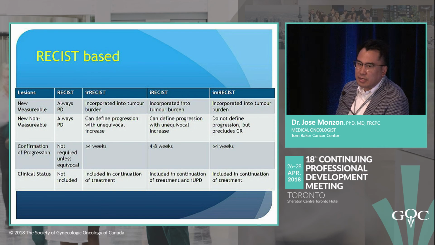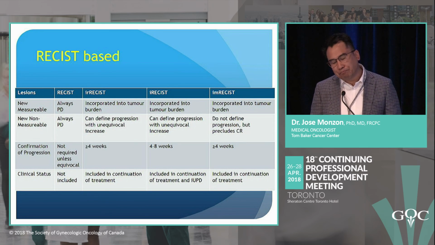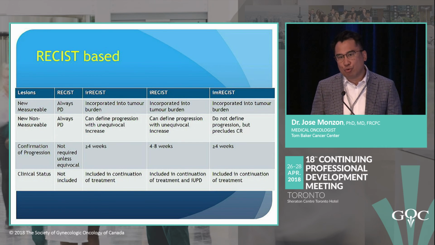The other thing is that there's confirmation of progression in the immune RECIST criteria. All of them use greater than or equal to 4 weeks. In iRECIST, they actually suggest that it has to occur within this 4 to 8 week window. I don't necessarily agree with that, in part because I've seen some pseudoprogressions take longer to demonstrate that this is true pseudoprogression, after a 2-month interval.